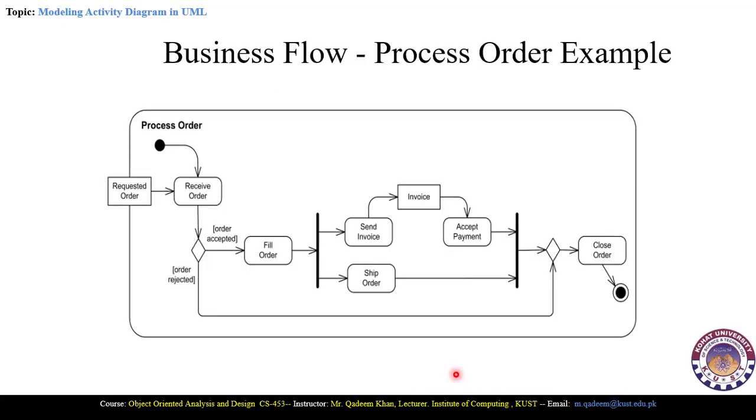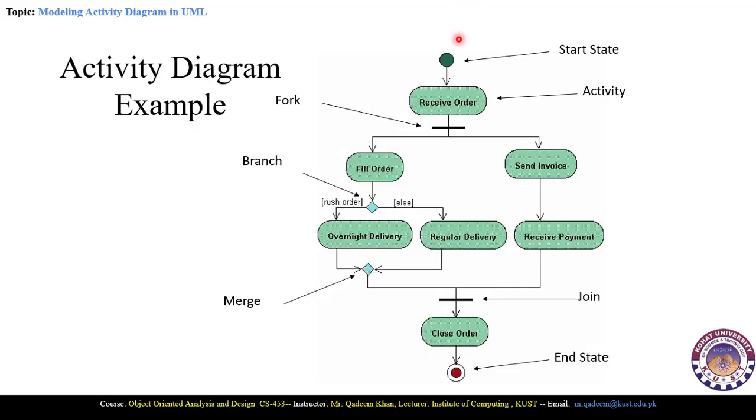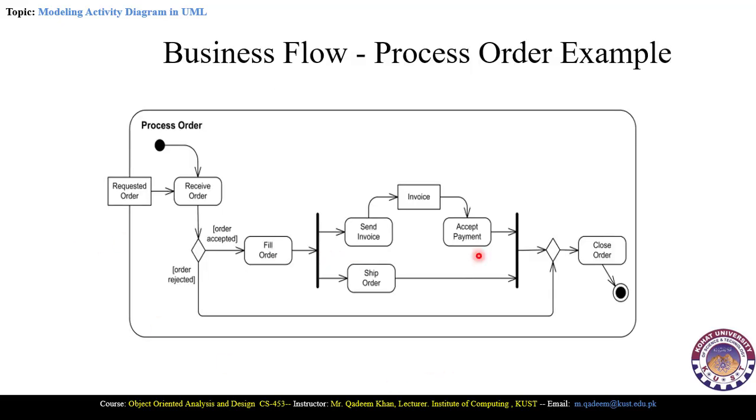This is almost the same example, but here the activity diagram is represented from left to right, not from top to bottom. So it is portrayed in left to right positions, while in the previous example we represented the activity diagram from top to bottom, but here it is from left to right.